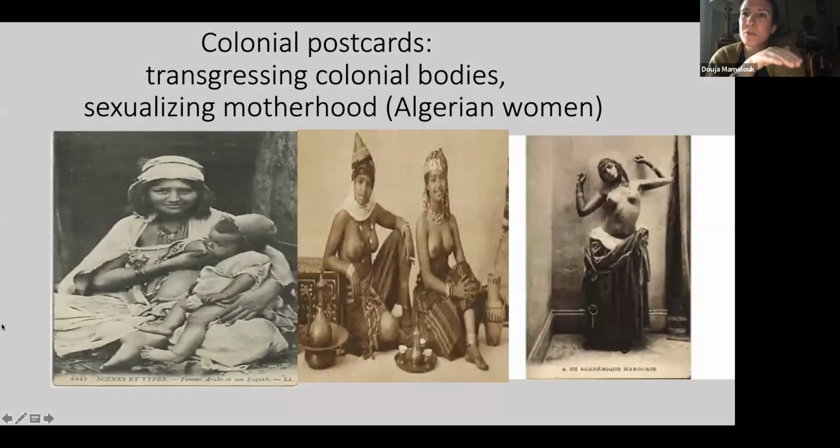What is more disturbing about transgressing colonial bodies is sexualizing motherhood. Now, once again, I use the verb juxtaposing a lot because I want you to think about what locally happens with motherhood. Motherhood in Arab culture in general is very elevated in status. So a woman, as she gets older and goes through motherhood and then becomes a grandmother, reaches the highest status in the family.